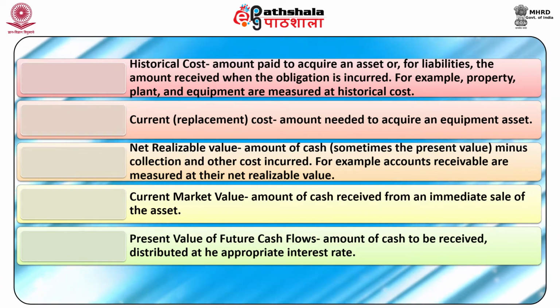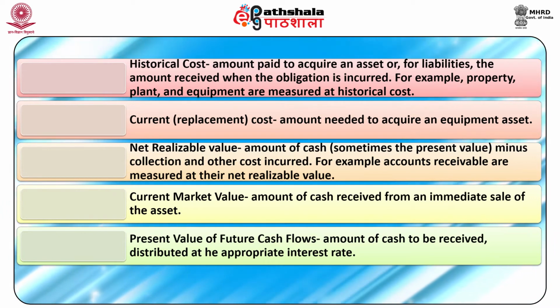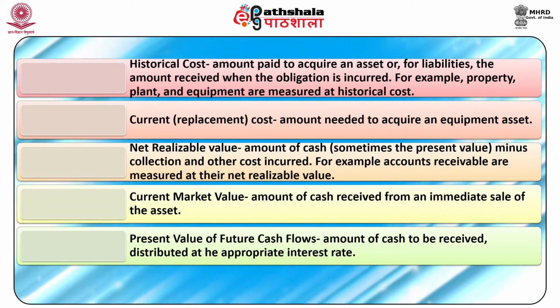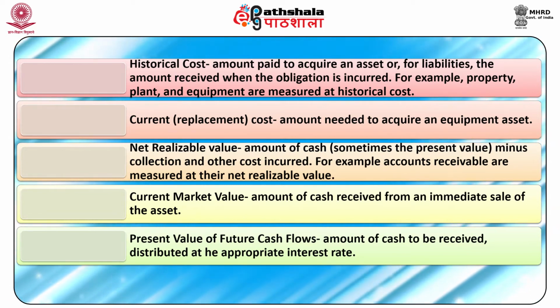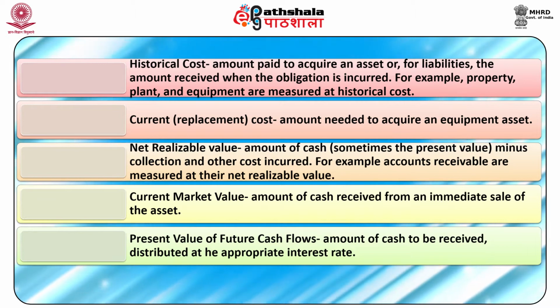Number 3, net realizable value: the amount of cash, sometimes the present value, minus collection and other costs incurred. For example, accounts receivable are measured at their net realizable value. 4, current market value: the amount of cash received from an immediate sale of an asset.